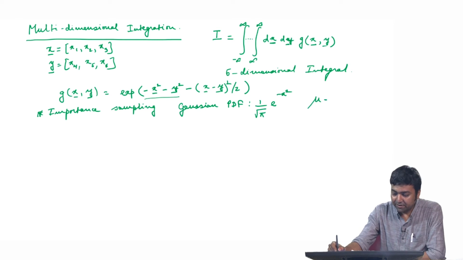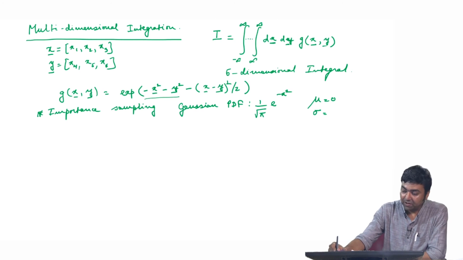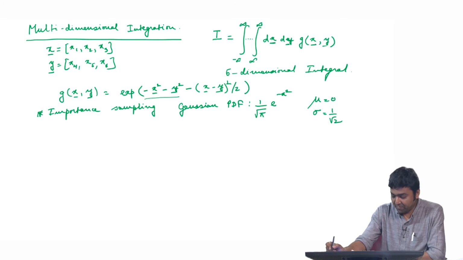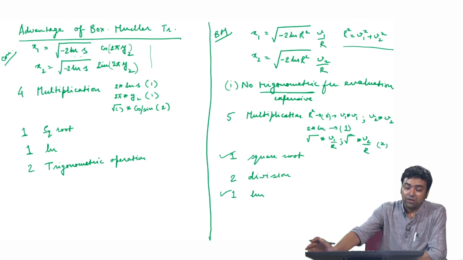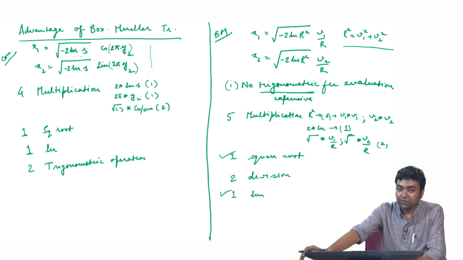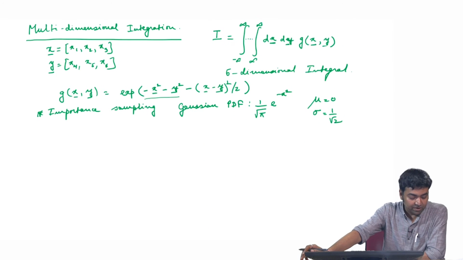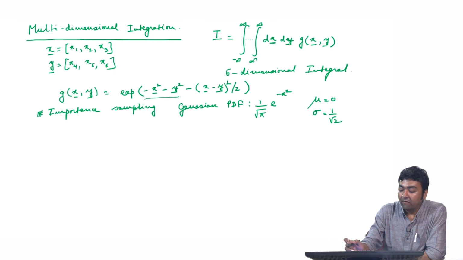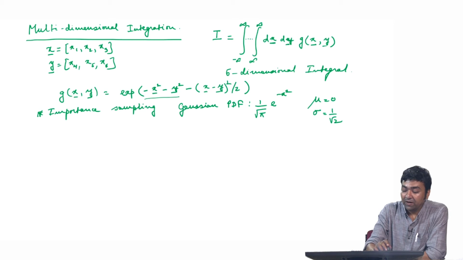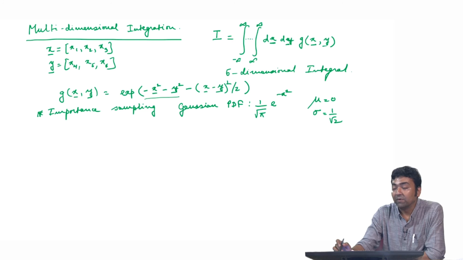This has a mean of 0 and a standard deviation sigma of 1 by root 2. Remember, when you implement this in code, the Box-Muller method gives you a Gaussian in which the mean is 0 and sigma is 1, whereas for this particular case we are using a Gaussian distribution with sigma 1 by root 2.